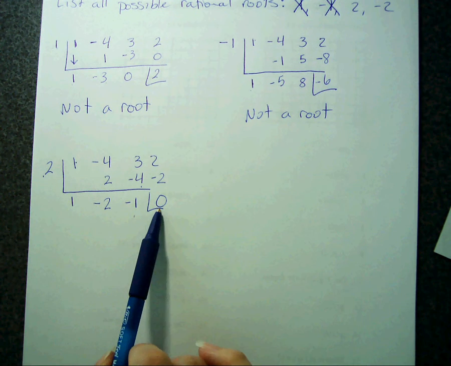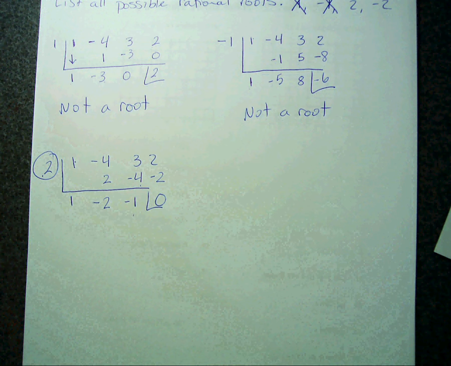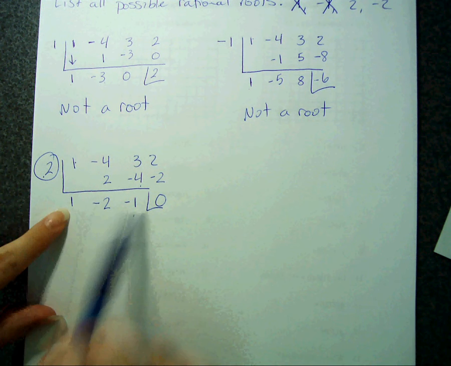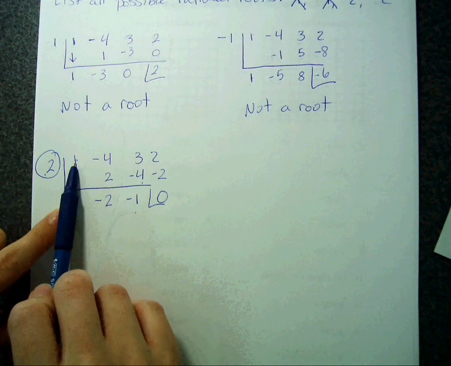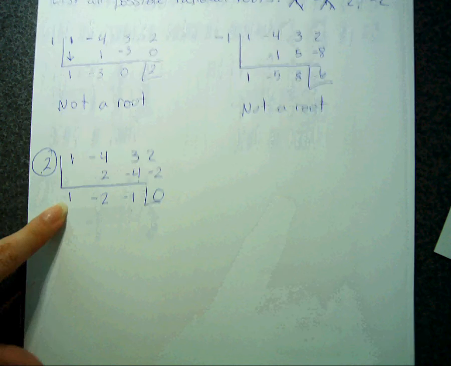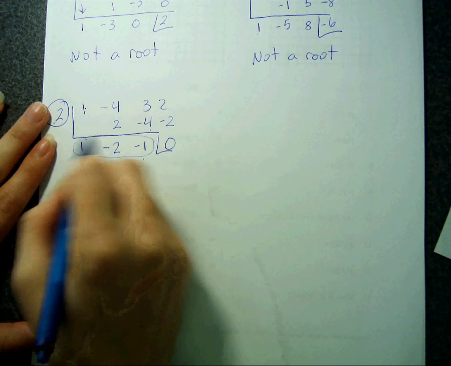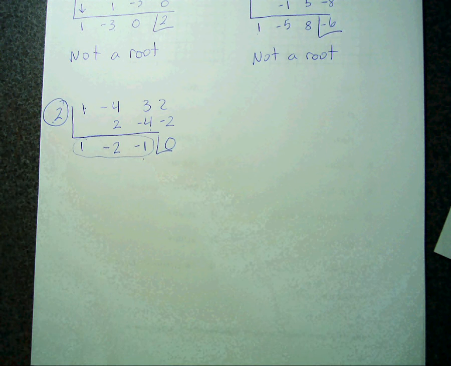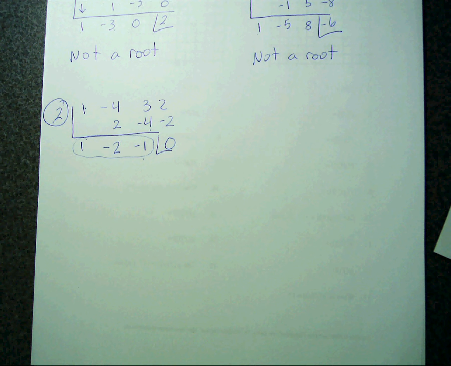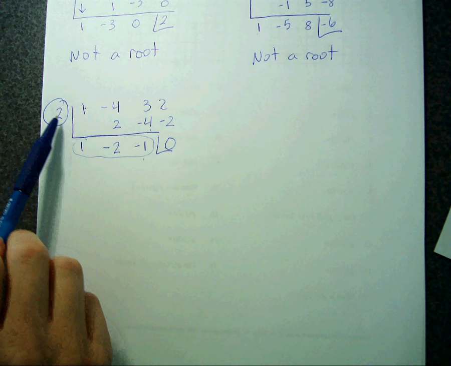All right, so back down to this one. We did end up getting 0 as my remainder, so I know that 2 is one of my roots, right? So look at what I have left. Remember that my original function was x cubed. So since I found a root, this remaining part is what's left of my function after I factor out the x minus 2.